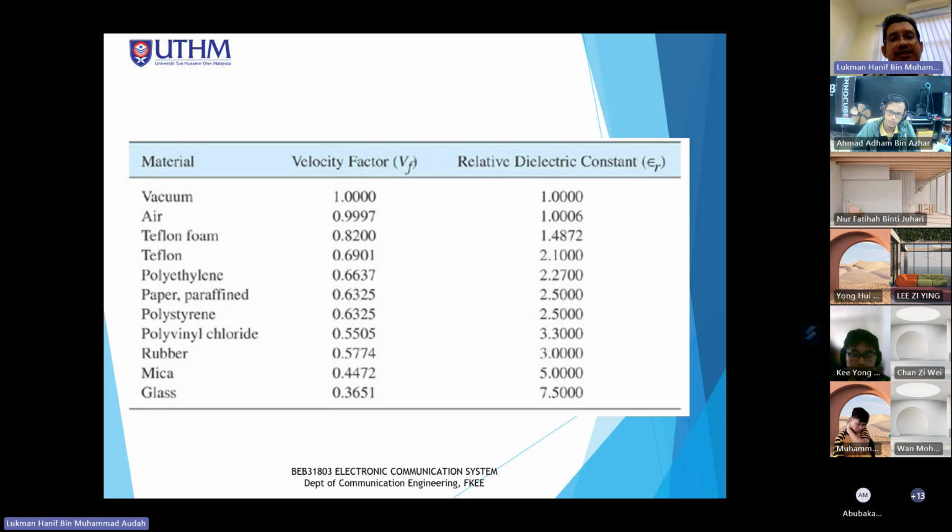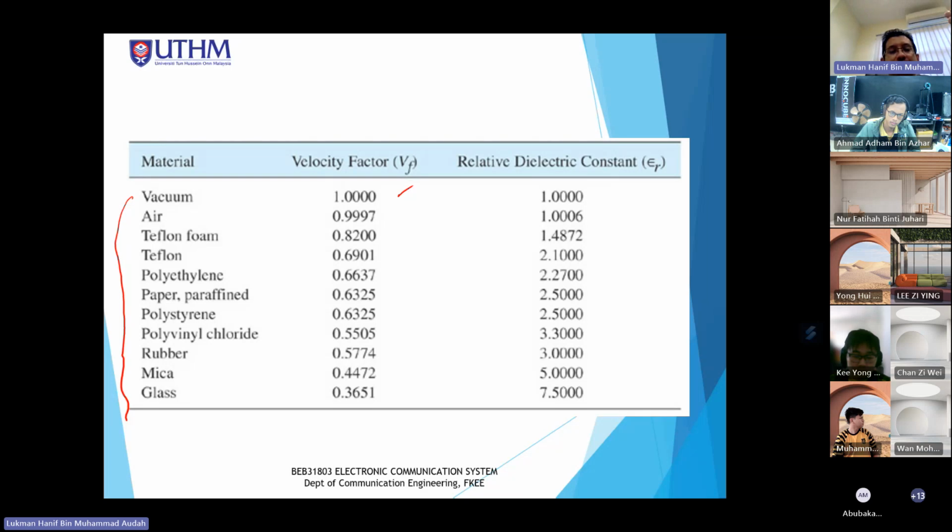So for the velocity factor Vf, if you see from here, there are different kinds of materials for the medium, from vacuum, air, Teflon until glass. You see that the velocity factor in vacuum is equal to 1.